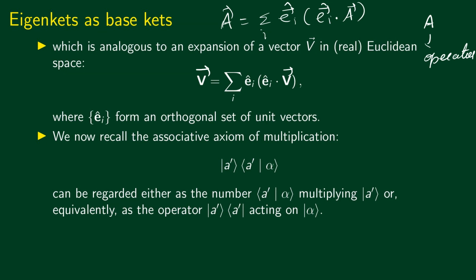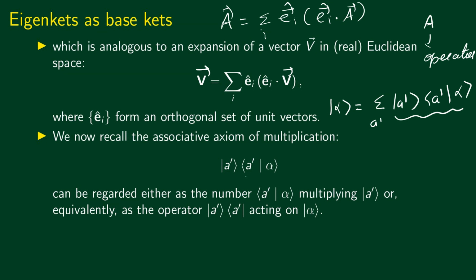Here the set e_i hat forms an orthonormal set of unit vectors. We now recall the associative axiom of multiplication. What did we have in the previous slide? We had ket alpha is equal to sum over A prime, ket A prime, bra A prime, ket alpha. This term can be thought of in two different ways.